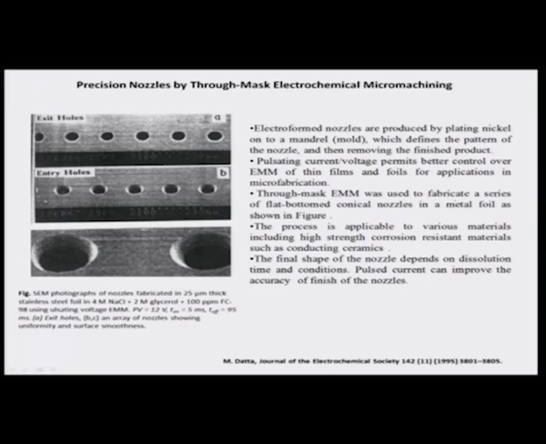This for example is again borrowed from this group, Datta et al. In 1995, and they talk about the fabrication of precision nozzles through a mask approach. So, they developed these electroformed nozzles and they produce them by plating nickel onto a mandrel mold, which defines the pattern of the nozzle, and then remove the finished product from it.